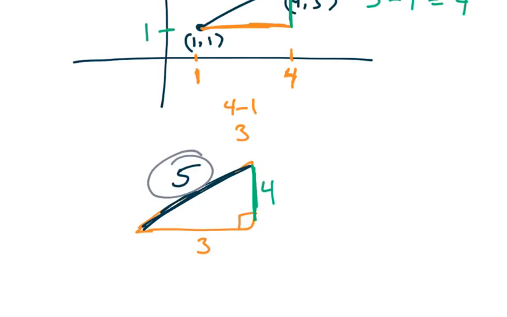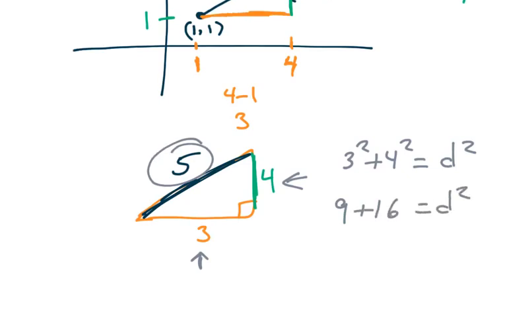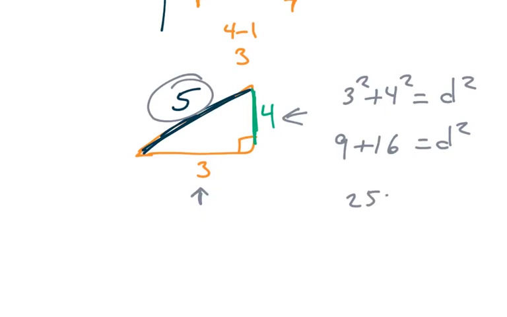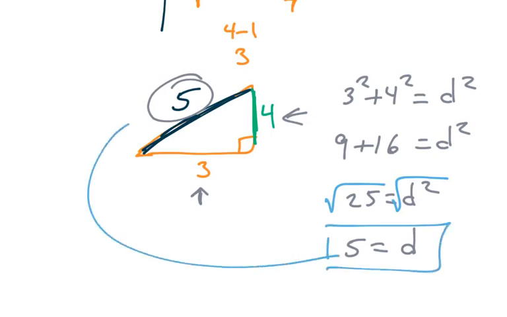So if you know that this length is 3 and this is 4, 3 squared plus 4 squared will equal d squared, which is 9 plus 16 is d squared, or 25 equals d squared, which simply means d is going to be 5 if I take the square root of both sides. So d is 5. So that's how I got the 5.